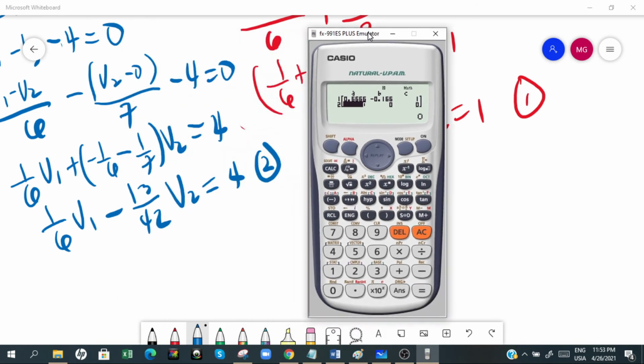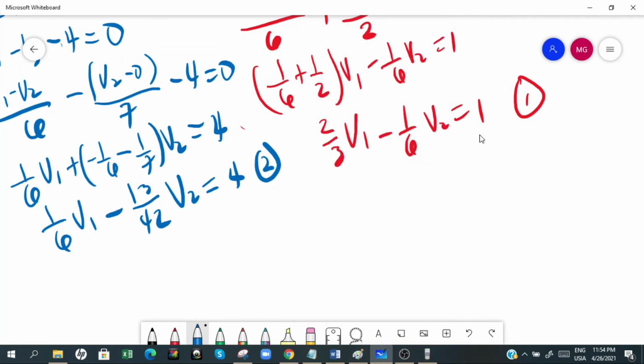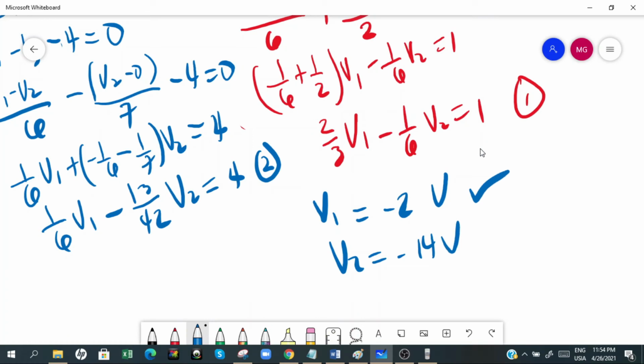Proceeding to the other one, we have 1/6, negative 13 over 42, then 4. So the answer is negative 2 for V1, and then V2 is negative 14. V2 is negative 14 volts. So the answer is this one.